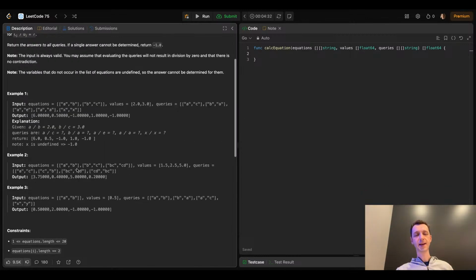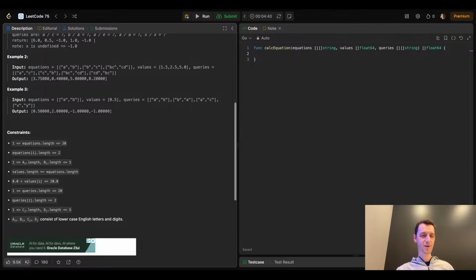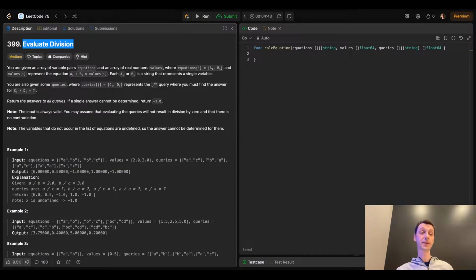The list of constraints is almost 10 lines, but let's see what we can understand here.